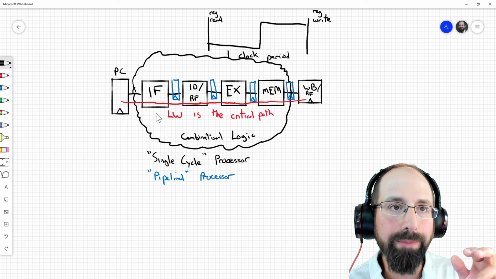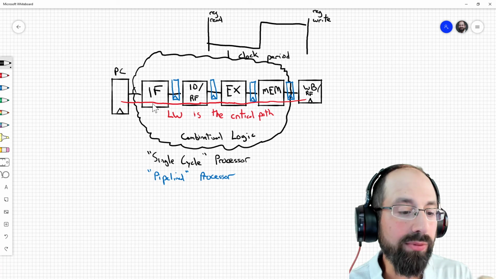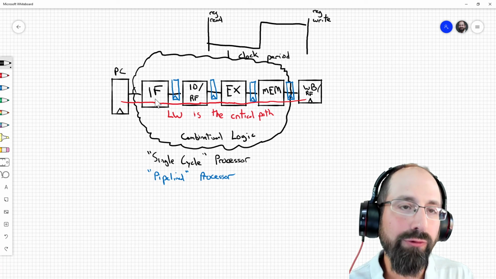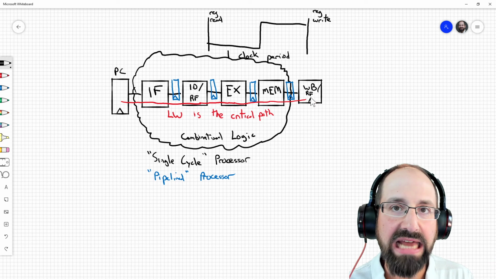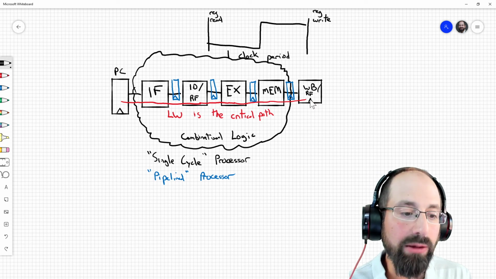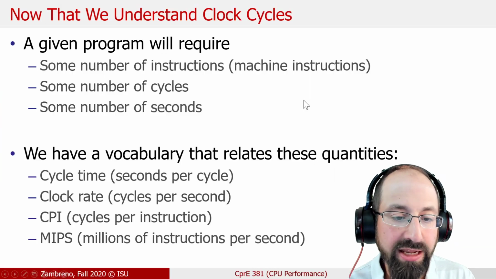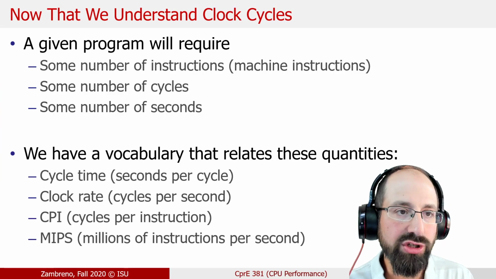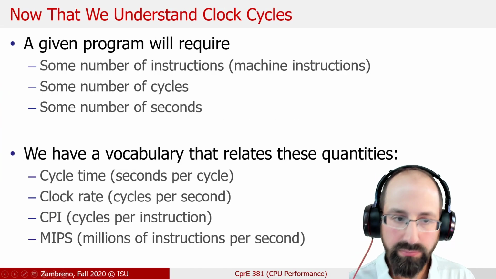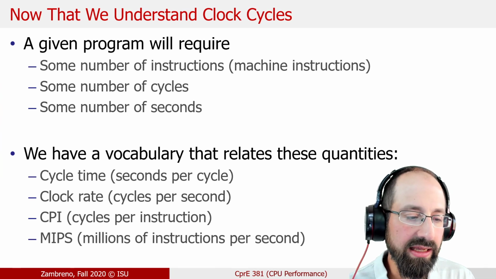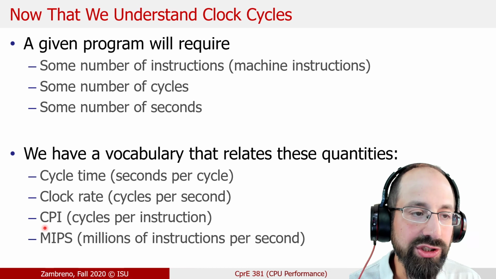You have to take another course to learn about how we can do better than that. But in terms of our pipeline processor, we now potentially have a varying number of cycles it takes to execute our instruction, depending on what the instruction is. And so consequently, we have this metric that becomes pretty important for understanding our computing performance based on our underlying implementation.